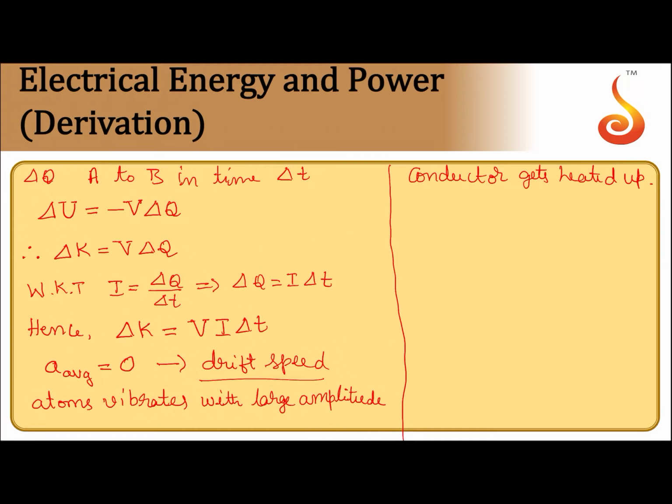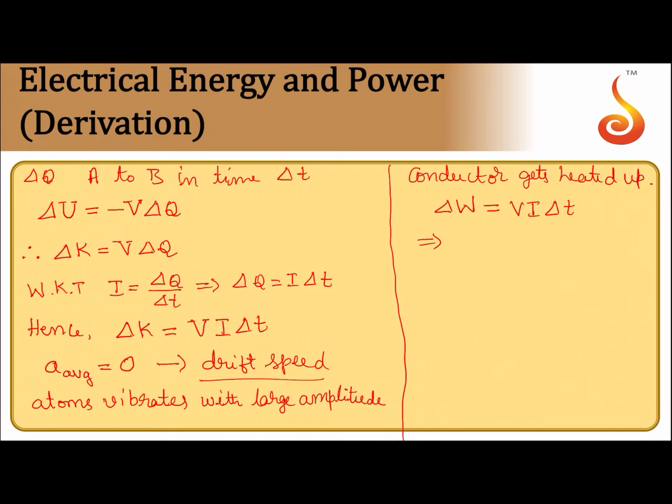Thus in a conductor, an amount of energy is dissipated as heat during the interval of time delta T. So the heat generated in the conductor should be equal to the work done delta W, which is equal to V I delta T. Work done should be equal to the change in kinetic energy according to the work energy theorem.